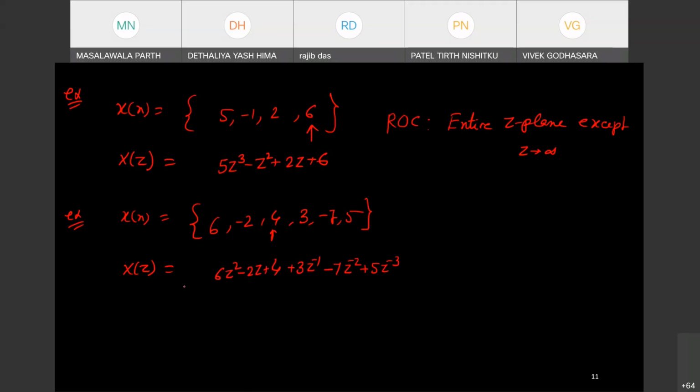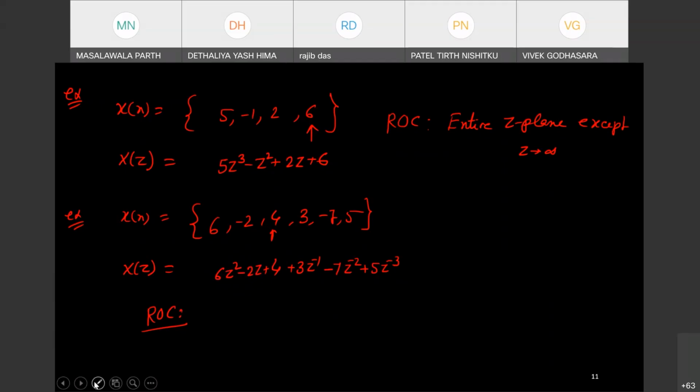So what is the ROC? You see this right side will not exist if z equals 0, and this side will not exist, meaning it will become infinity, if z becomes infinity. So except these 2 points, the entire z plane.